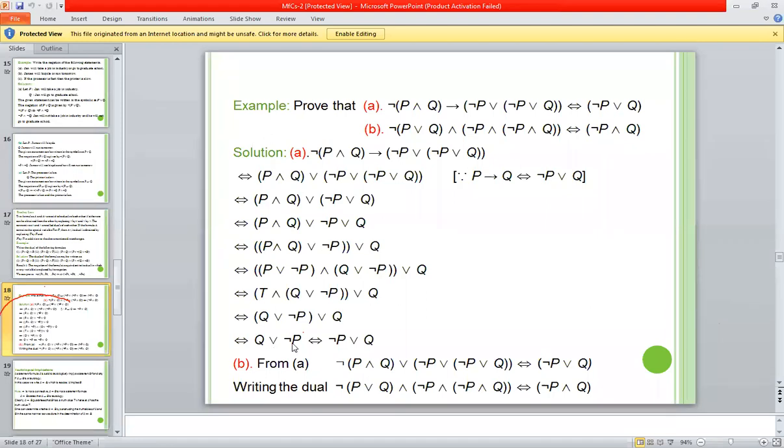So Q or negation P. By the commutative law, we write this as negation P or Q. So this is the RHS of the given formula.